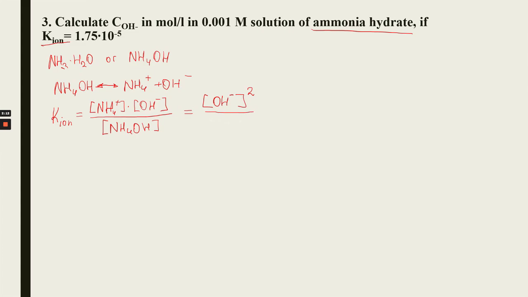and below we can write not the equilibrium concentration of ammonia hydrate but the molar concentration, because in our case this is a weak electrolyte and the molar concentration is very close to the equilibrium concentration. So now let's read attentively what we have.